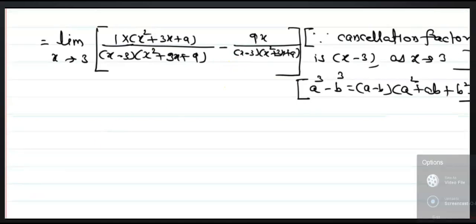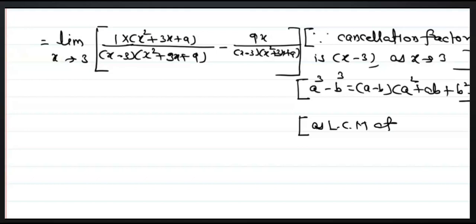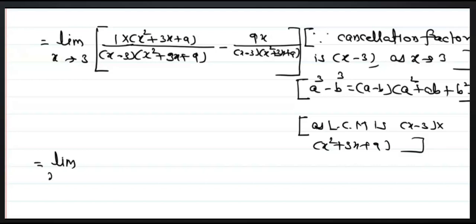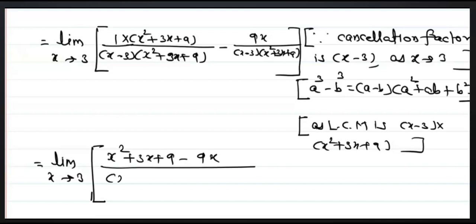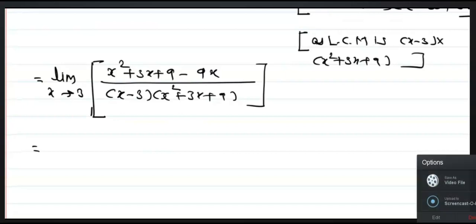Therefore, x minus 3 times x square plus 3x plus 9 is the LCM. And here we will simplify: x square plus 3x plus 9 minus 9x.